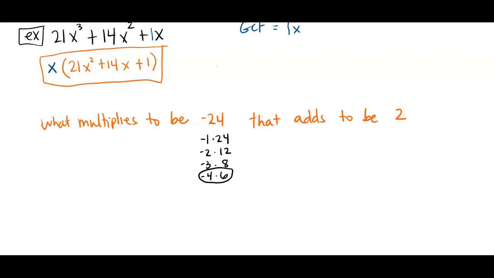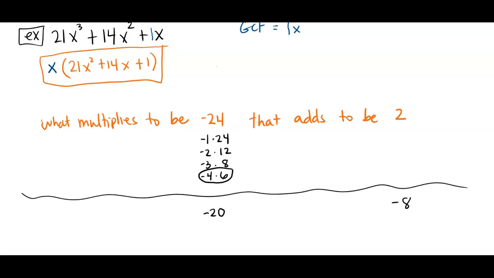Okay, what about if I said what multiplies to be negative 20 that adds to be negative 8? I don't want to have to write down all the words again, but what multiplies to be negative 20 that adds to be negative 8?